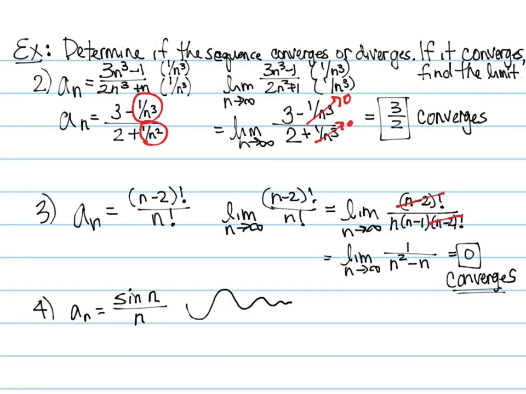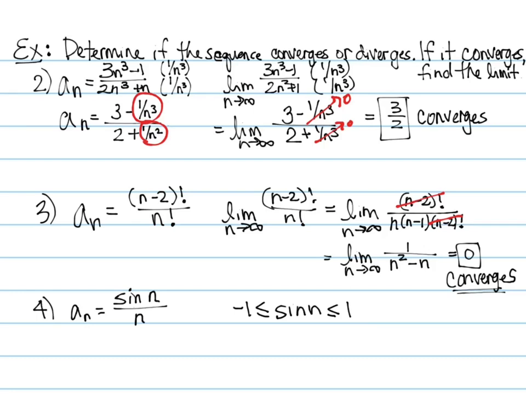So here's our example 4. And we're going to take a look at what we know about sine. You guys told me a minute ago that sine is trapped. It's bounded between -1 and 1. So far, so good?